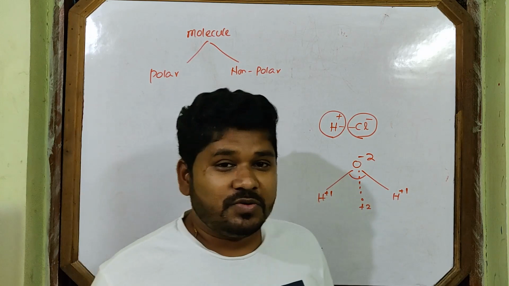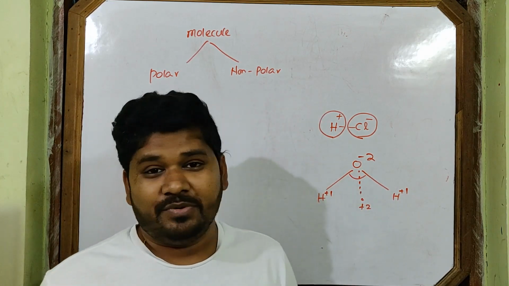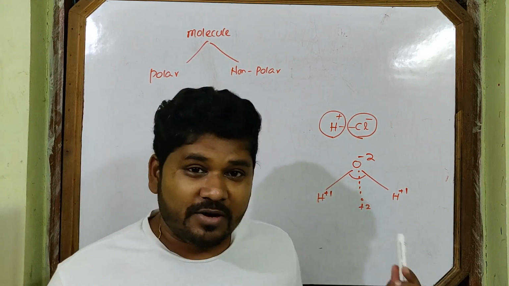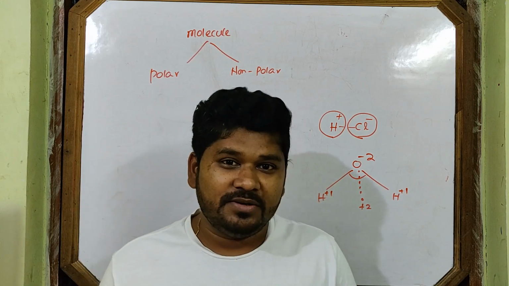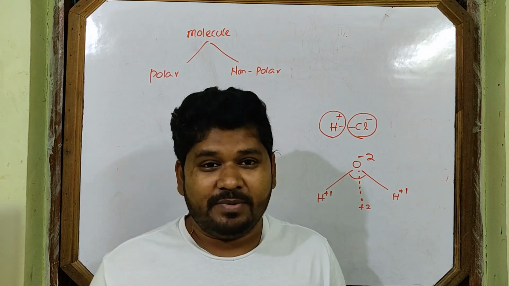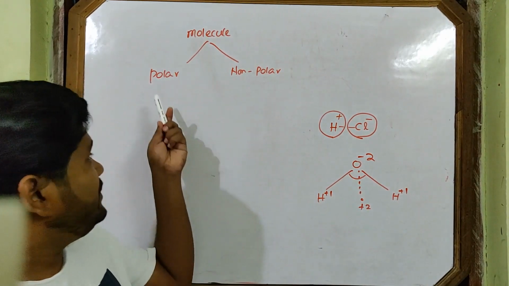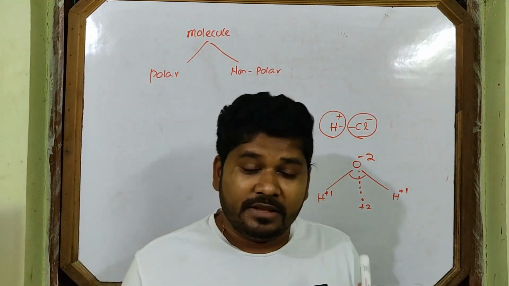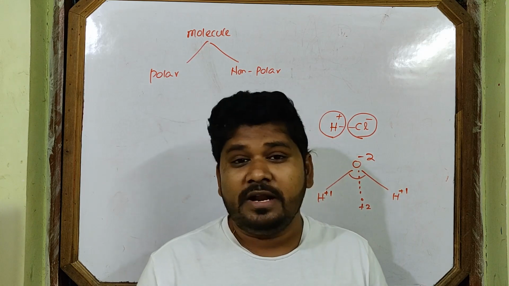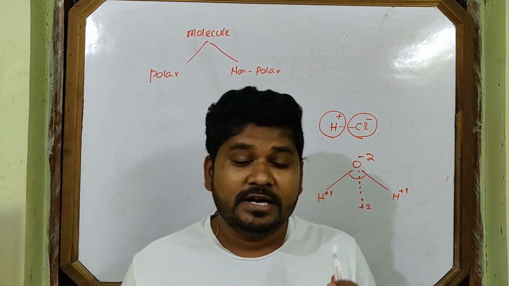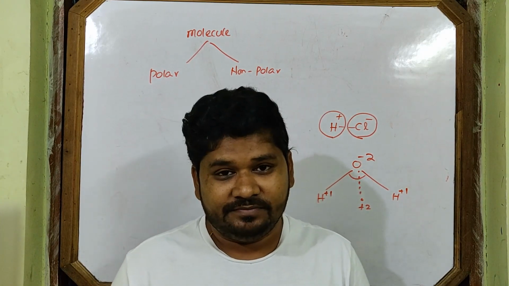The water molecule is a dipole, so the water molecule is a polar molecule. It has a permanent dipole moment. So now you understand what we mean by polar molecule: the molecule having permanent dipole moment is called a polar molecule.